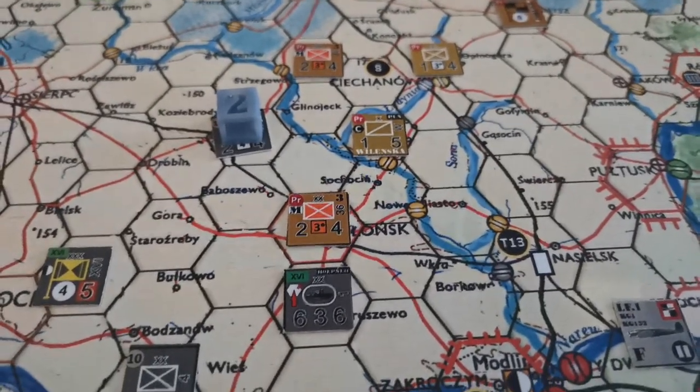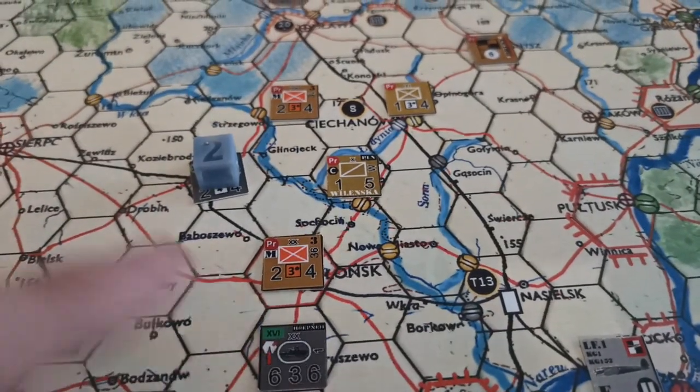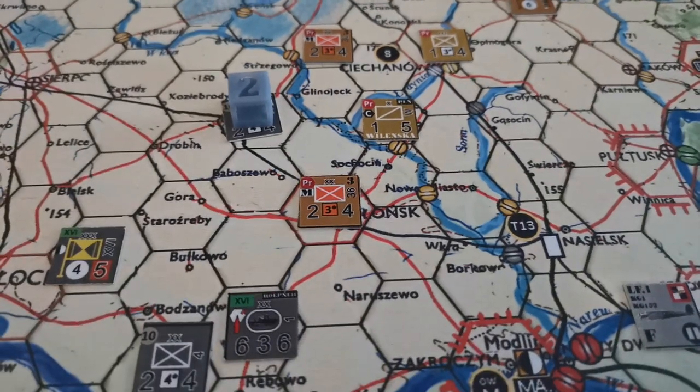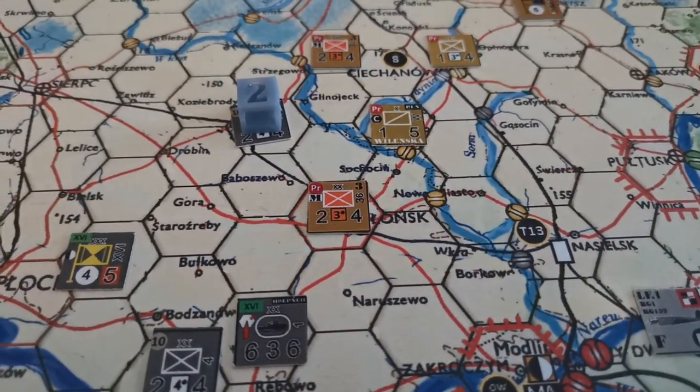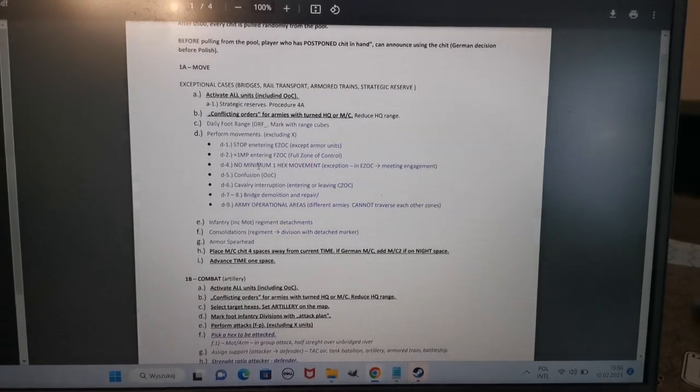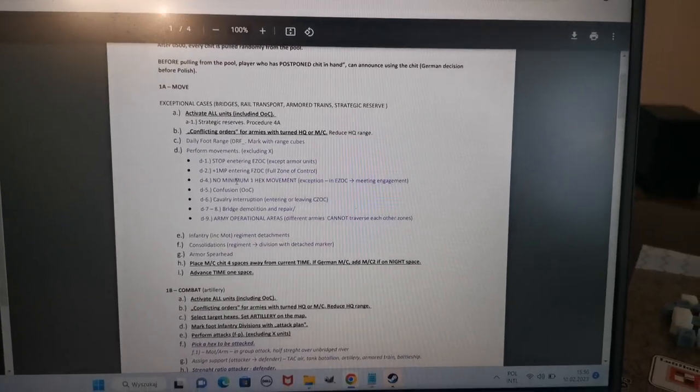This unit can continue moving, for example, go south. Leaving zone of control is 1, and on the road is 1. So it's 6 movement used. Next, +1 entering full zone of control and leaving full zone of control.